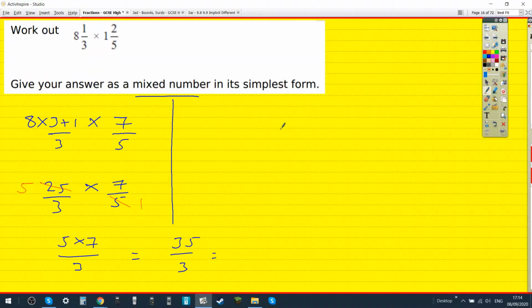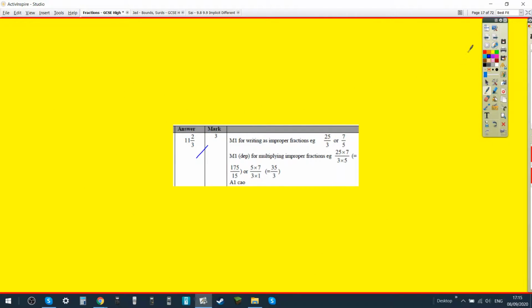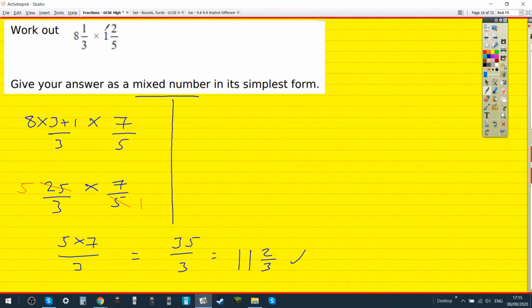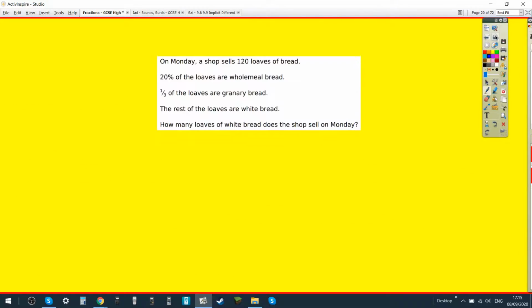So would it be 11? Yep. 11 and 2/3. Well done. That's it. So to multiply mixed numbers, it might be easiest to just change them into improper fractions and then change back. Yeah. Okay. Algebra. All right. Let's try this.